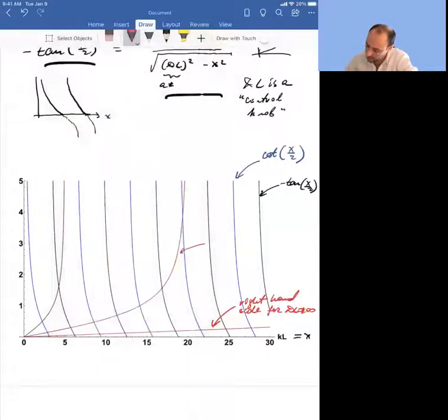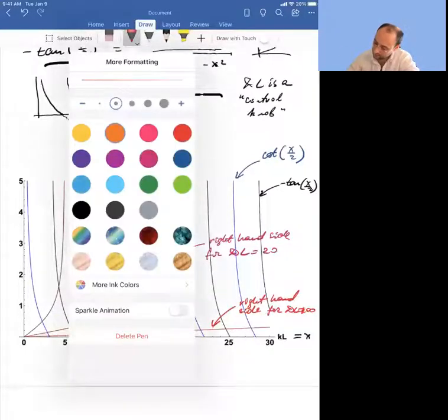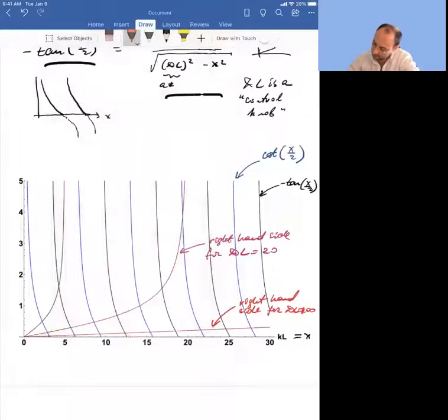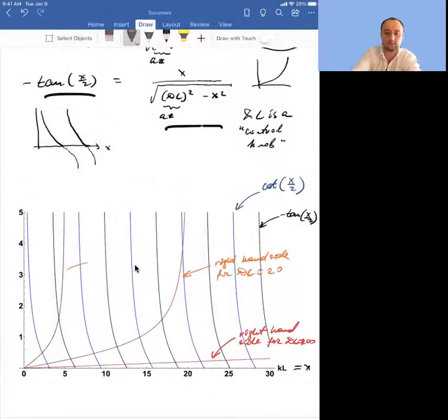And this one is the right-hand side for DL equals 20. And I just changed the color.